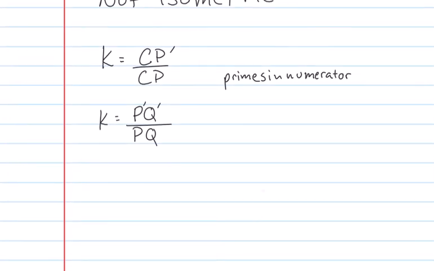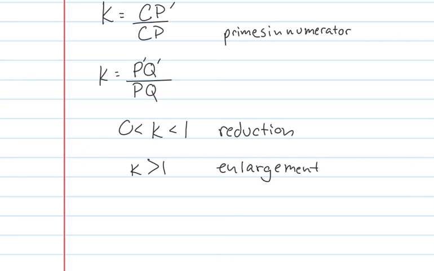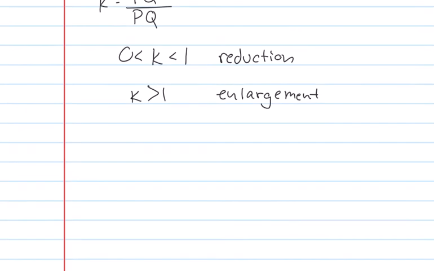Now, what makes it a reduction is if K is between 0 and 1, and if K is greater than 1, that means it is an enlargement. And you would see that if you were to transform the points that you were given and actually graph them, you would see a triangle or a line growing or shrinking. So one way that we're going to be using those scale factors is with our lovely matrices.